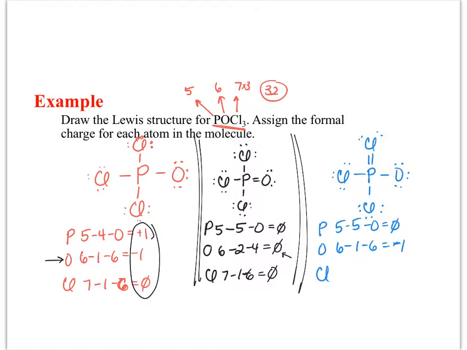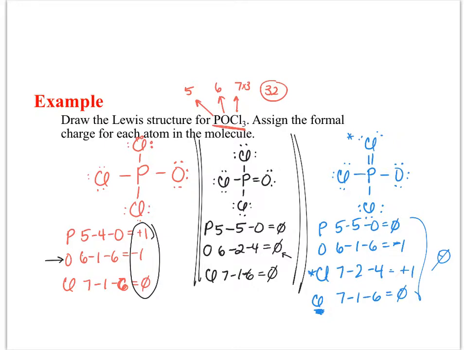And now we'll just put a star next to that chlorine. So that chlorine at the top would be 7 minus 2 minus 4. Right, 2 bonds, 4 dots would be plus 1. And the other two chlorines would be 7 minus 1 minus 6, which would be 0. So I'm still adding up to 0 for my overall.